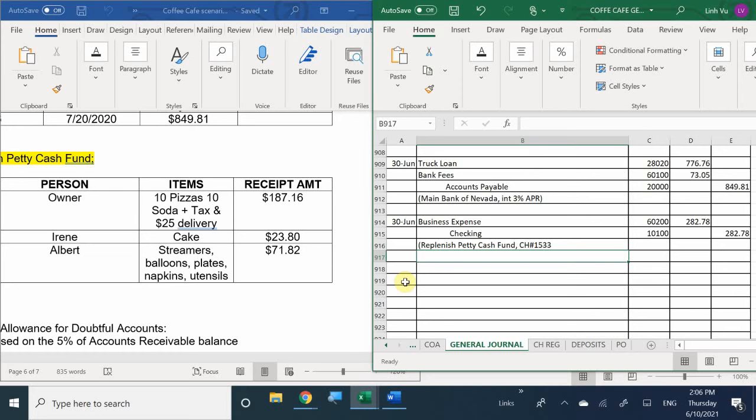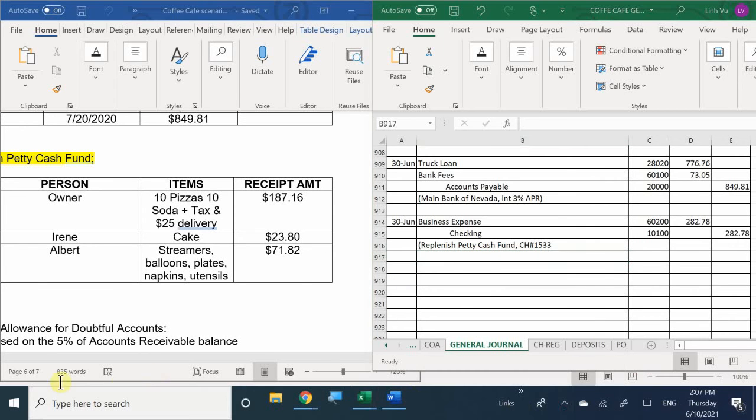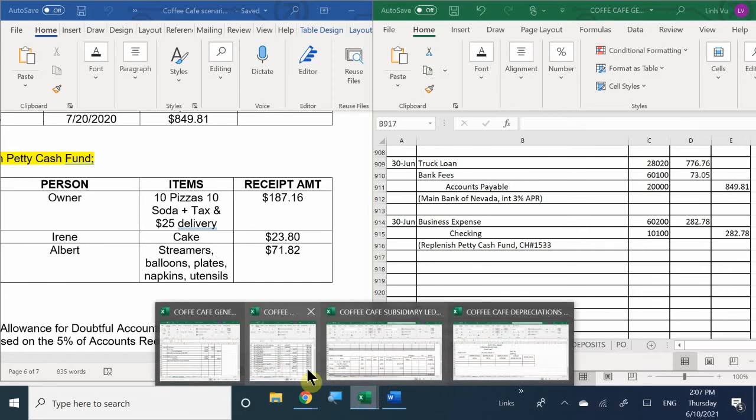So then, what do we do next? Go to business expense in the general ledger. Okay, so we go to the general ledger.